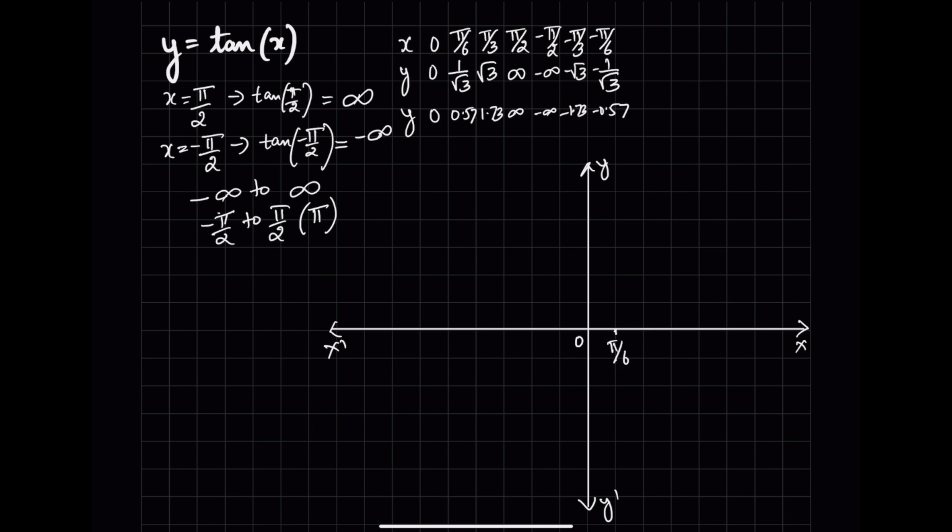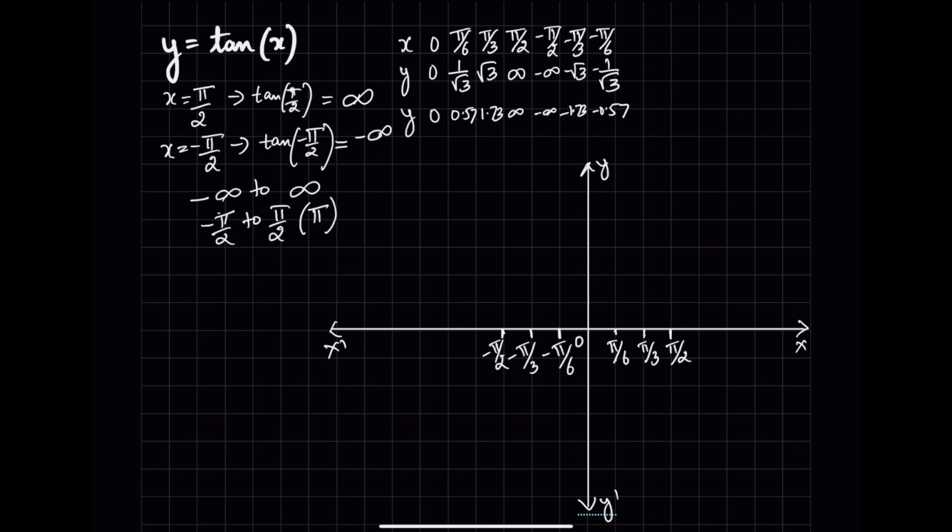So this will be pi by 6, pi by 3, pi by 2, and same way in the opposite direction in the negative side, this is minus pi by 6, minus pi by 3, minus pi by 2.